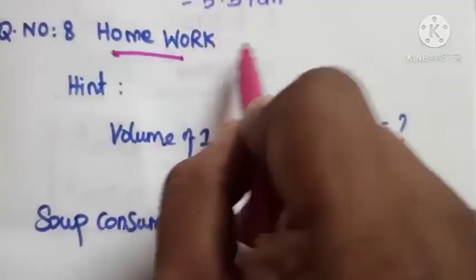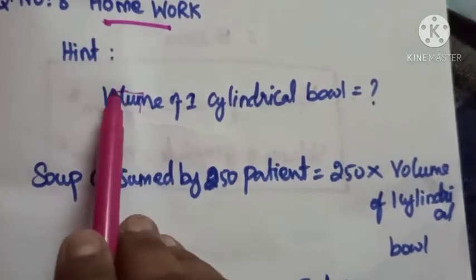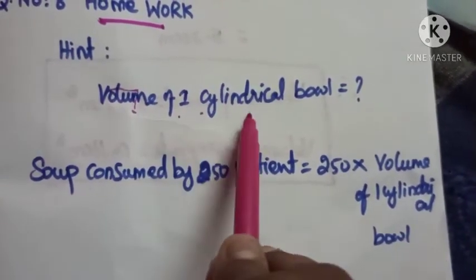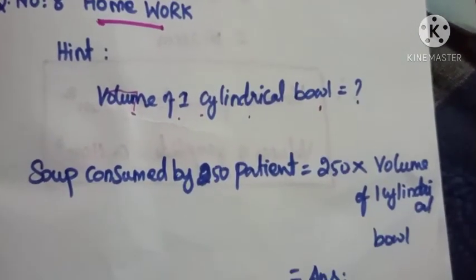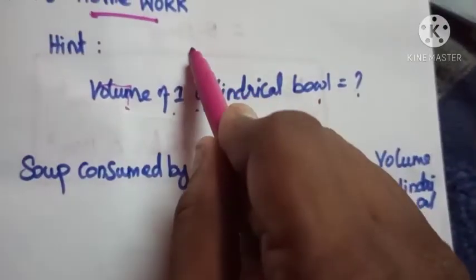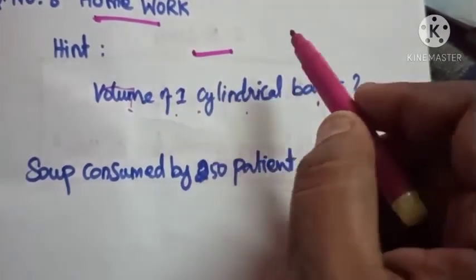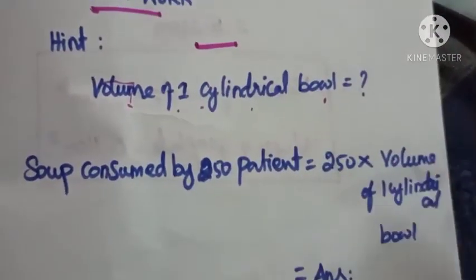Question number 8 seems to be homework. Just read the question. I will just explain the question hint. It is about the volume of one cylindrical bowl. It shows a hospital. The hospital contains 250 patients.